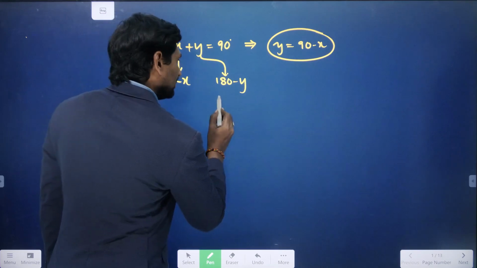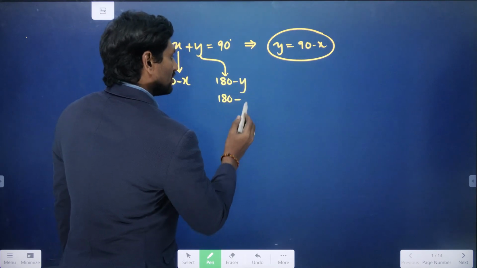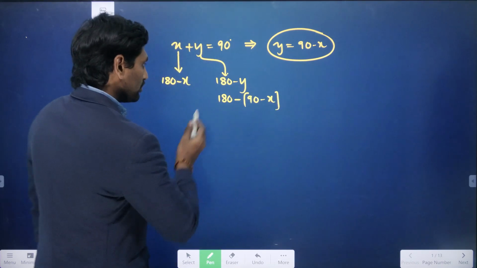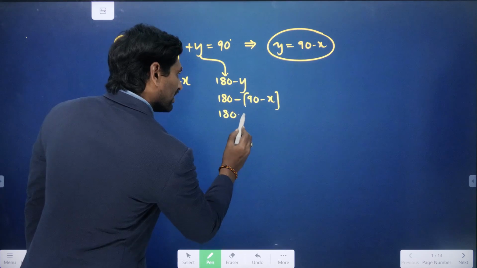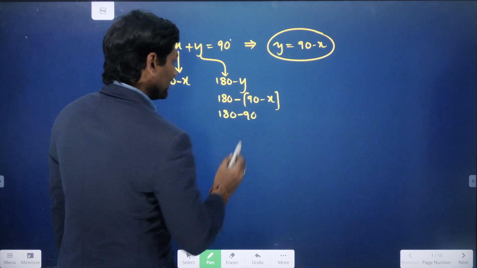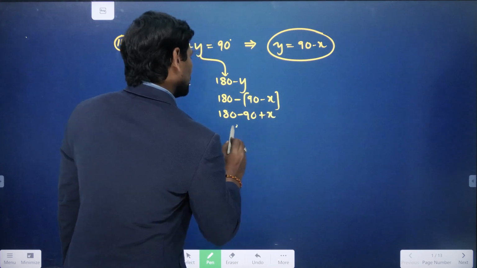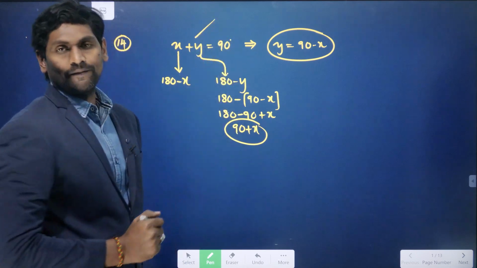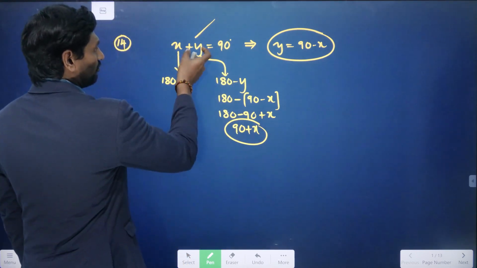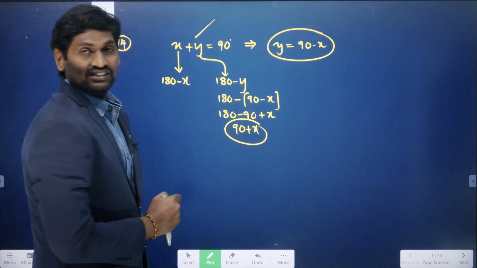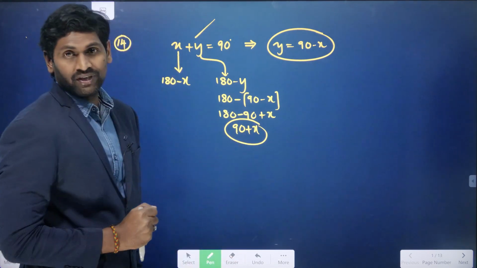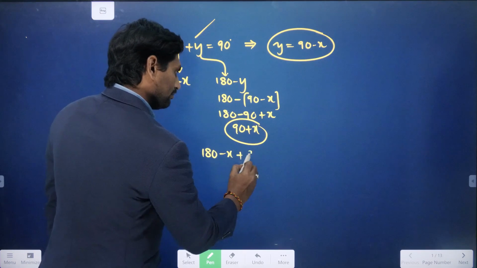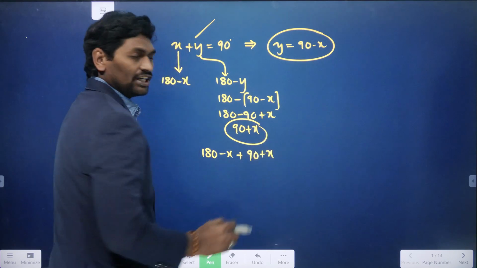So 180 minus (90 minus x) equals 180 minus 90, which is 90, plus x. So 90 plus x will be the supplementary angle of y, and the supplementary angle of x is 180 minus x. Let us observe here: 180 minus x plus 90 plus x equals 180 degrees.